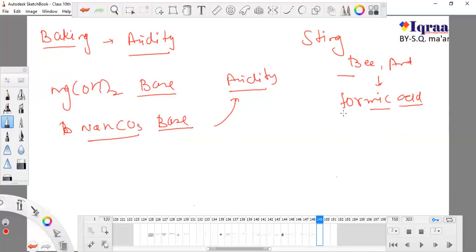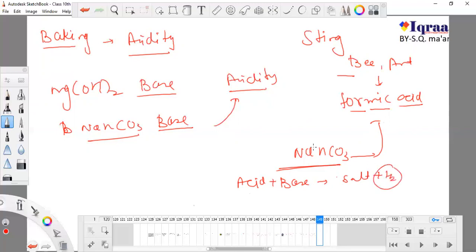So if someone gets stung by a bee or an ant, which is acidic in nature, you can use sodium hydrogen carbonate, baking soda, because it is present in our home and it is a food item, so we can find it easily. The formic acid will react with this base, and we know acid and base when they come together form salt and water.